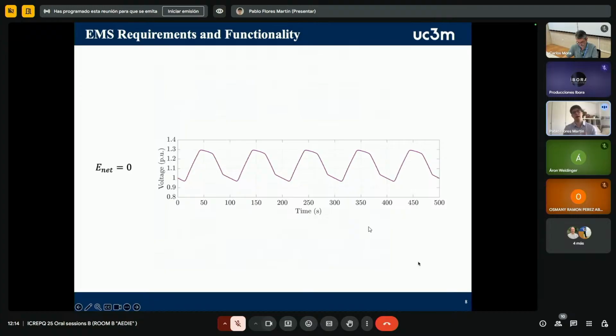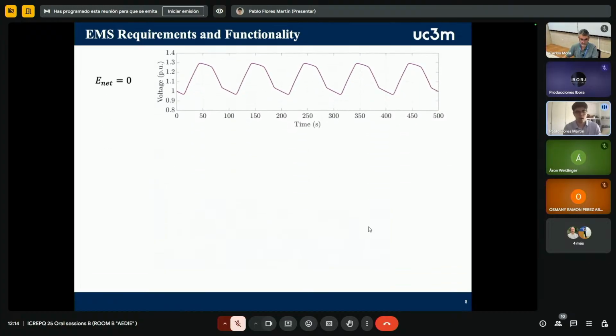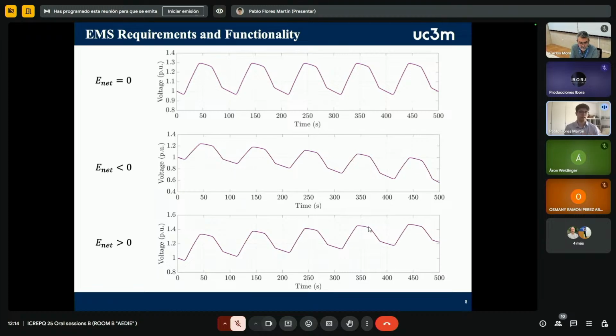If every cycle had a net energy of 0, the supercapacitor could manage the AWES profile indefinitely. However, in practice, that is not always the case. If the net energy of a cycle is slightly negative, the supercapacitor voltage tends to decrease, and if it's slightly positive, it tends to increase.